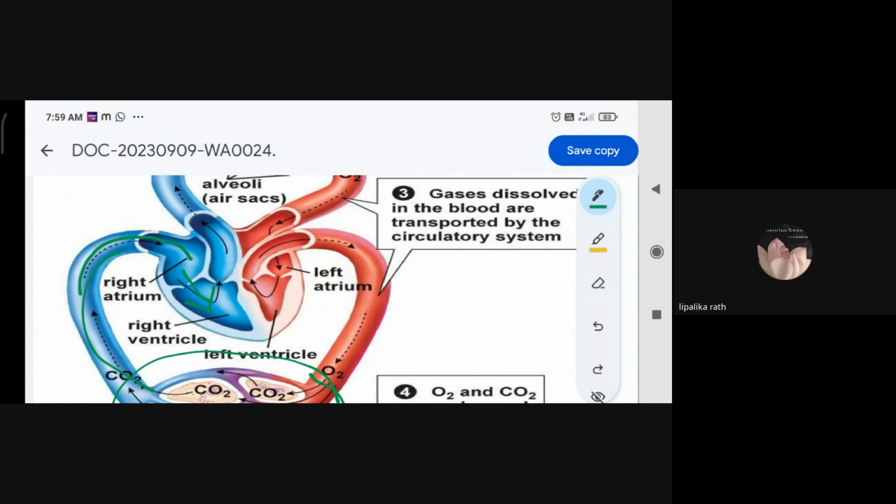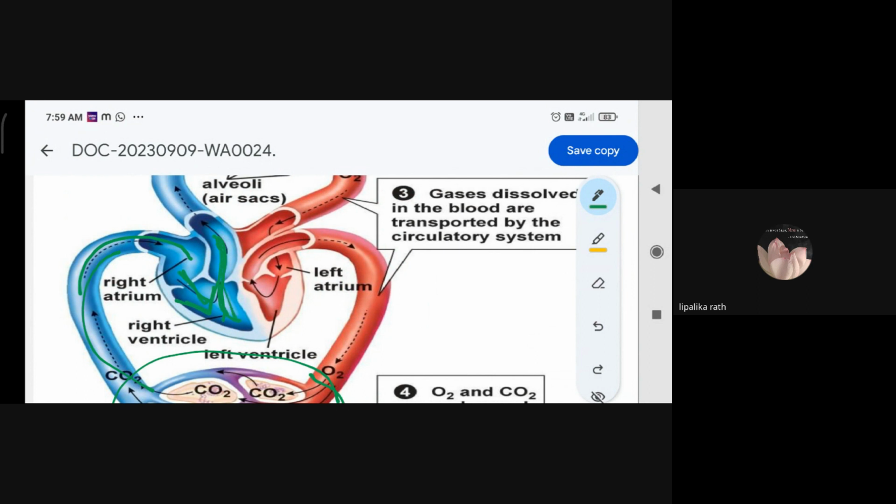Now from the right atrium, that blood will come to the right ventricle here. Now from the right ventricle, the blood is going to this artery.